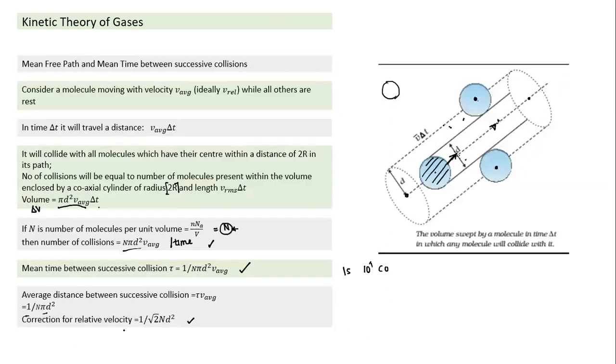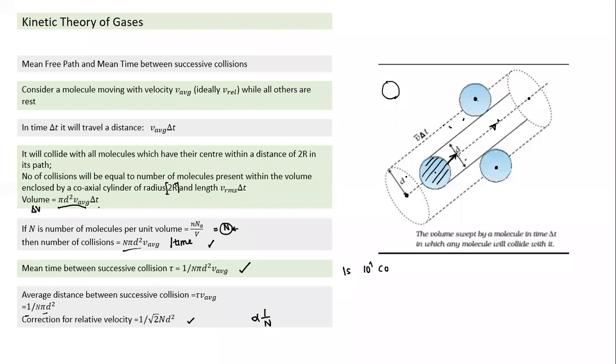So what is the key point as far as mean distance is concerned? Mean distance between successive collisions is proportional to 1/n. As the parameters change, if I change pressure, what will happen? N will change. D, the diameter of the gas molecule, will not change.